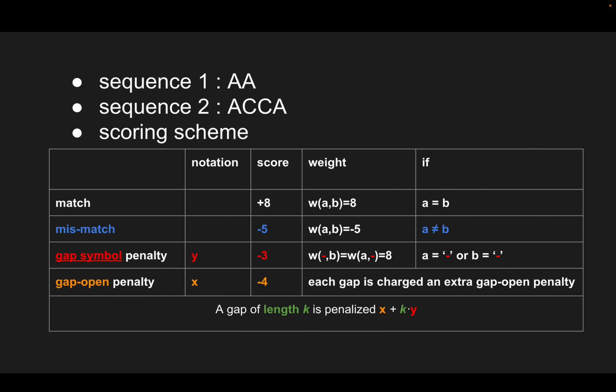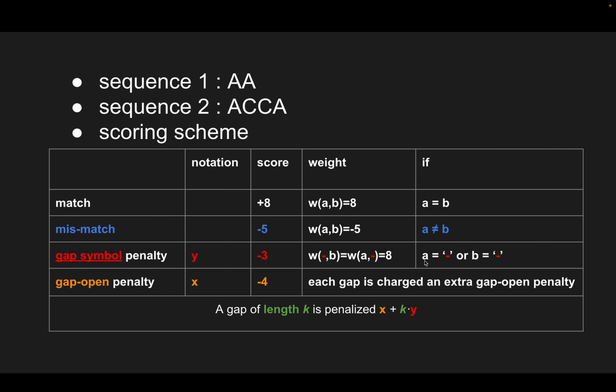And if in a position one of the sequences has a gap symbol, then the score is -3. And for any gap, there will be an additional so-called gap open penalty.